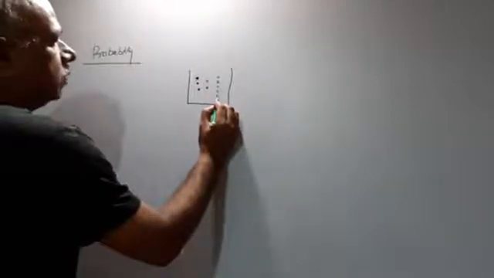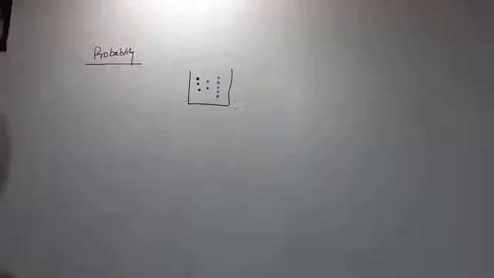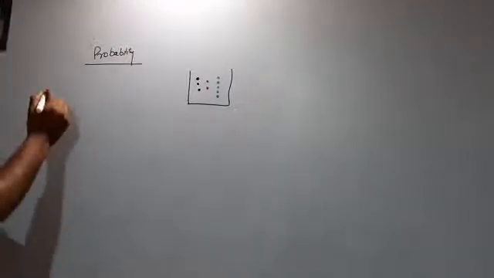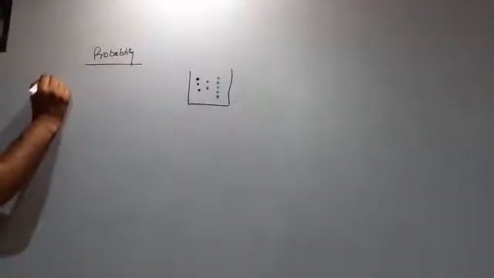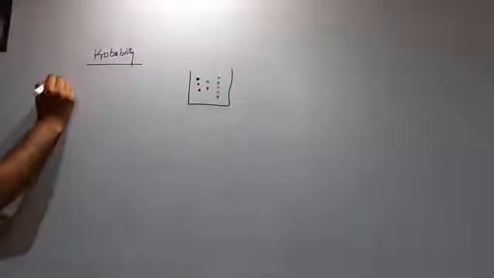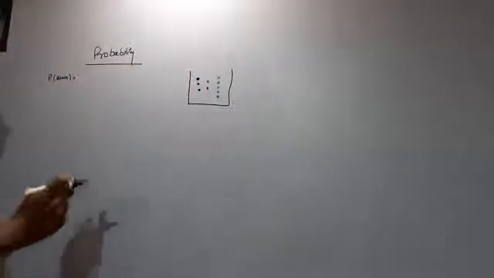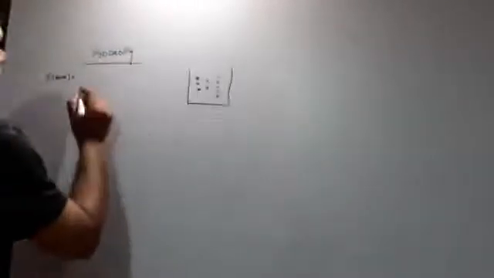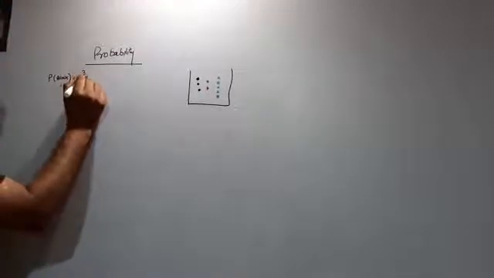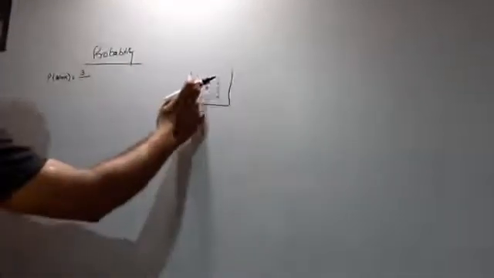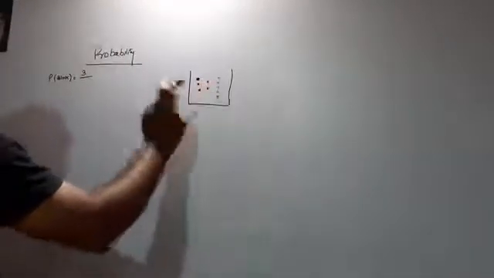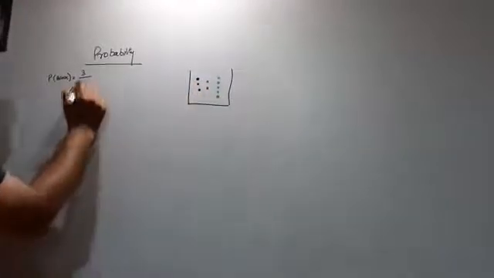So how would you calculate probabilities of getting each ball? Means if we have to calculate what is the probability of getting black ball, so how many outcomes of black ball will be there? 3, and total number of events will be 3 plus 2 plus 5, that is 10.